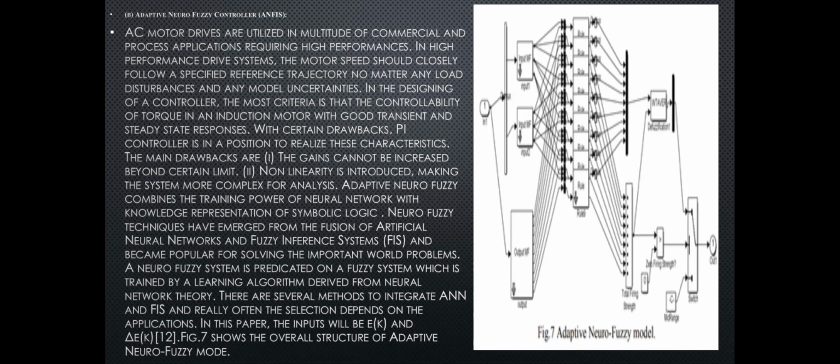The main drawbacks are that the gains cannot be increased beyond a certain limit. Non-linearity is introduced, making the system more complex for analysis. Adaptive neurofuzzy combines the training power of neural networks with the knowledge representation of fuzzy logic.